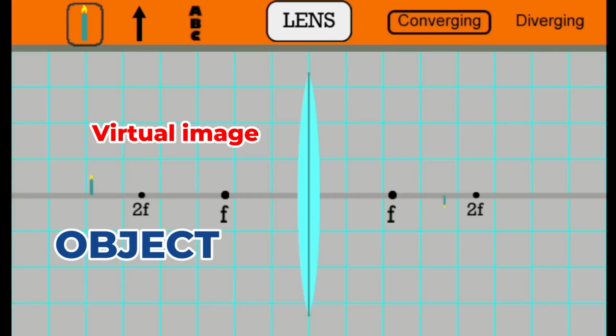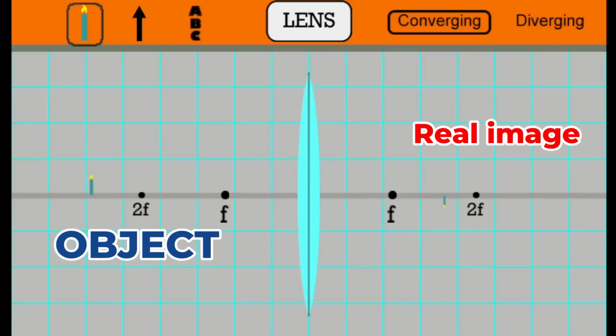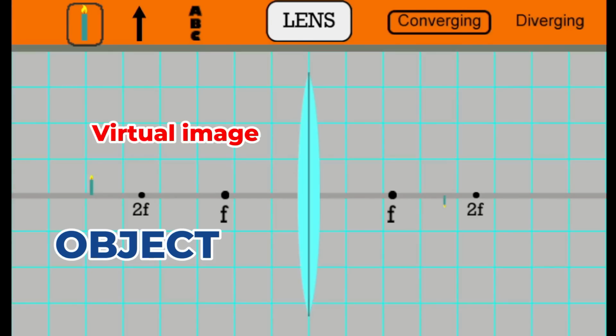I'm stressing this kasi baka malito po kayo dahil baligtad yung nangyari sa mirrors. So again, if you have the object on the left and the image is on the right, the image is real. If you have the object on the left and the image is also on the left, then the image is virtual.